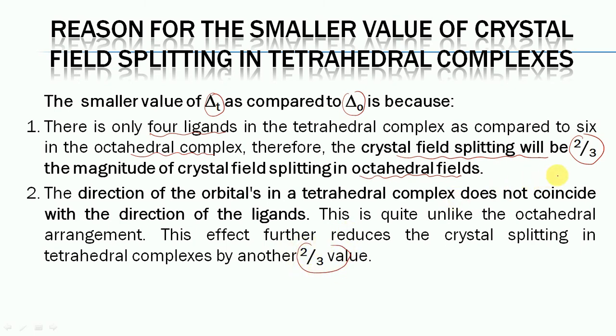So these two combined values correspond to 4/9. So in the case of tetrahedral complexes, the value of delta T is 4/9 of the delta O value in the case of octahedral complexes.